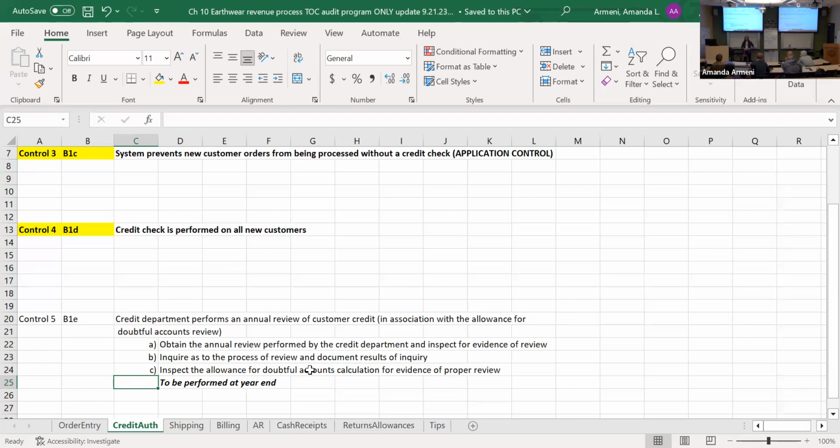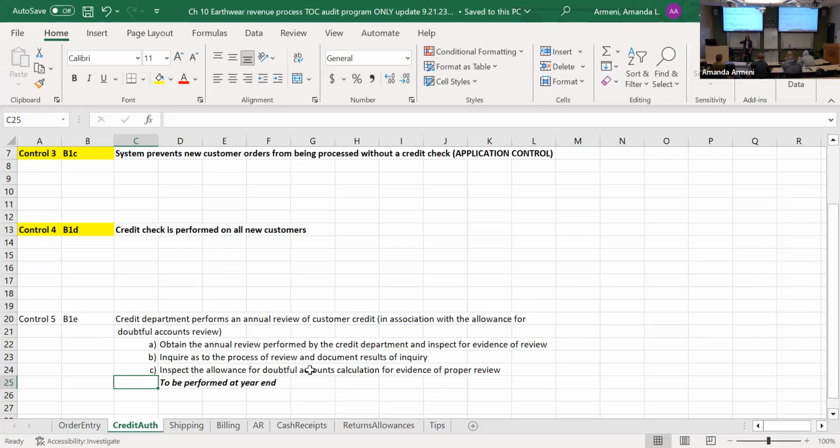The resource that you can go back to is our chapter 5 lecture. It has all of those verbs that we discussed as the types of audit procedures that we perform. Do you have any questions? Everything that I just said out loud is written in the assignment description as well.